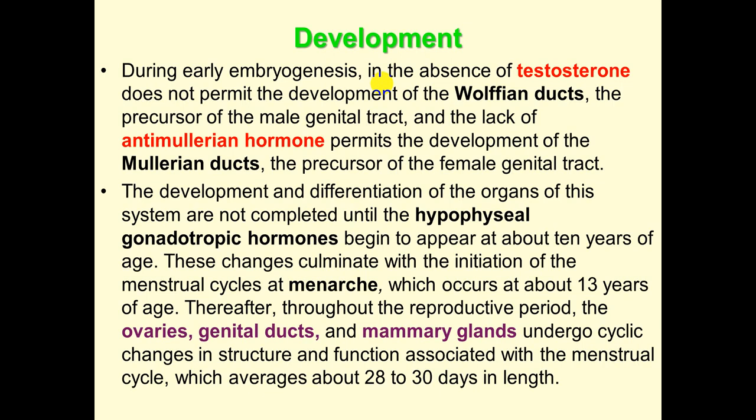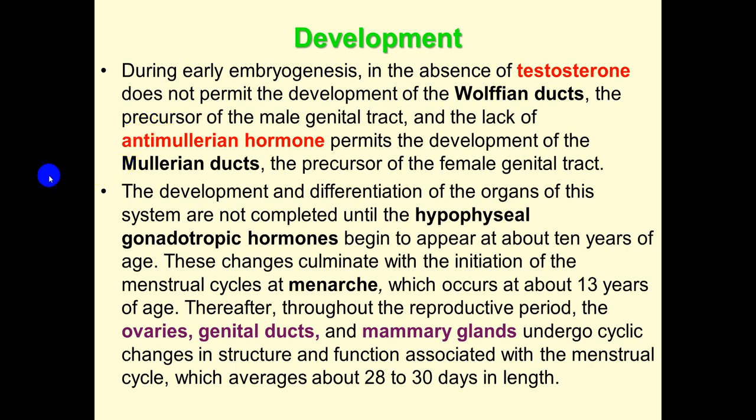So if the embryo has no Y chromosome and has two X chromosomes, in this case the SRY gene is absent, and that's why the Leydig cells, the testosterone-producing cells, don't develop, and the Sertoli cells don't develop.